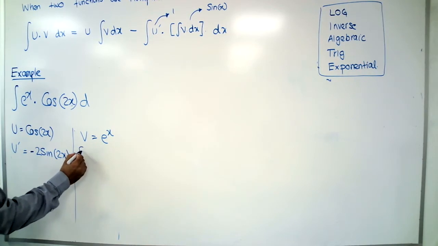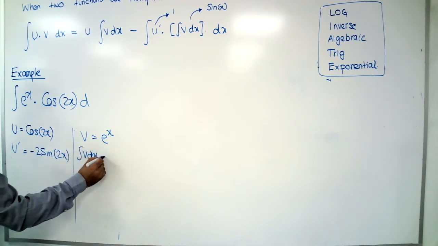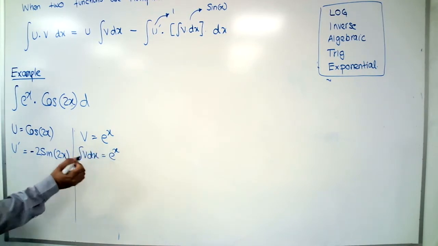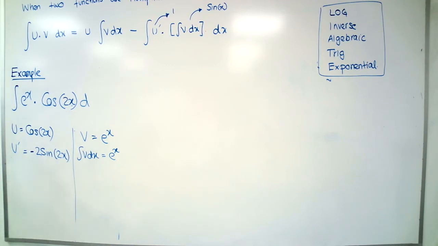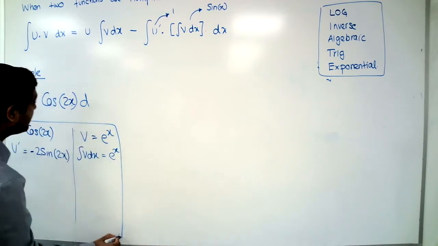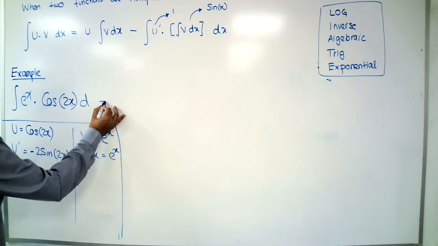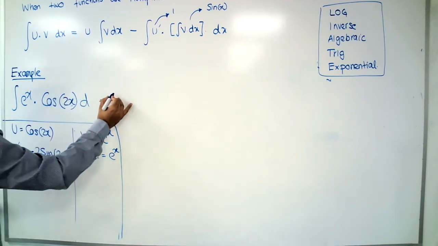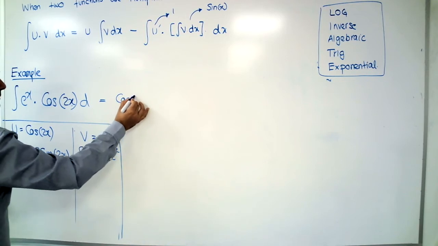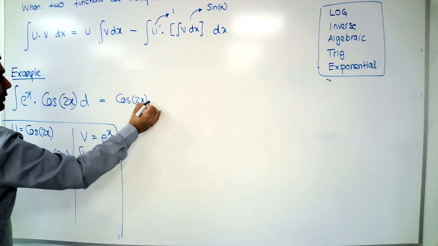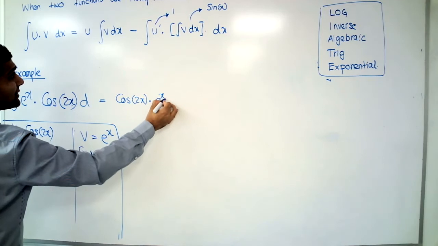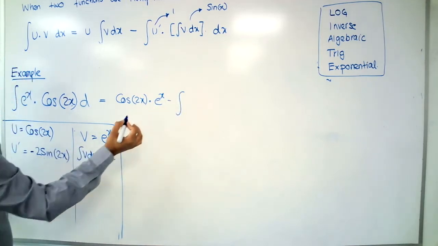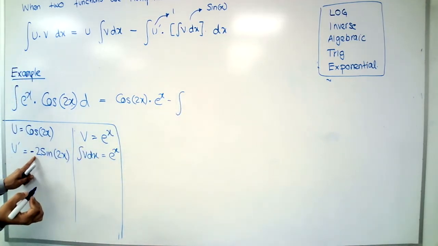Now I'm going to integrate this thing. And you all know the integral of that one is exactly the same. Okay, I'm done with that bit. Now I'm going to use the formula, which is that formula. So I got the cos 2x dot e to the x minus u dash, which is minus 2.